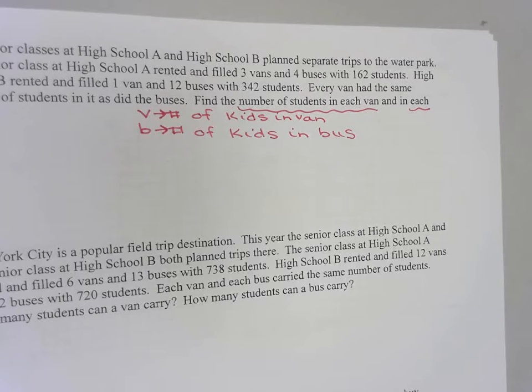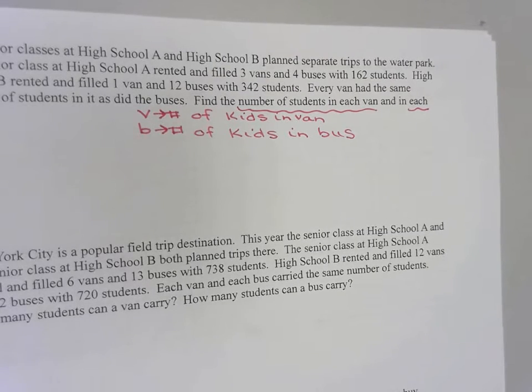So as I look at this, let's look at the first one. They tell me, high school A rented and filled 3 vans and 4 buses with 162 students. So what would that look like? If I know I have 3 vans and 4 buses and 162 total students, how do I represent that in an equation?